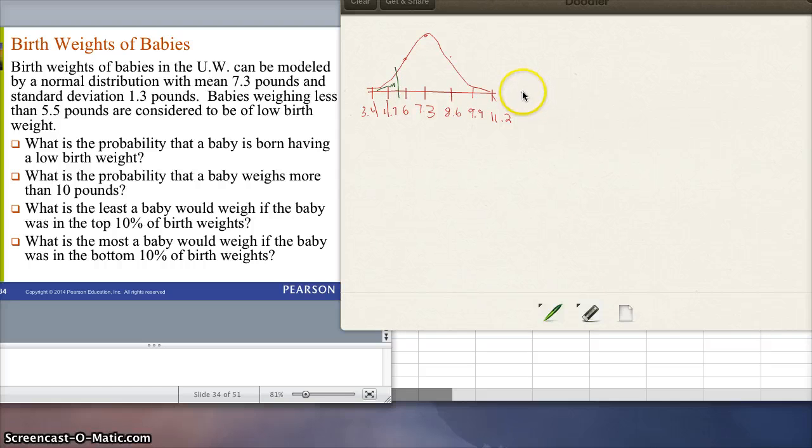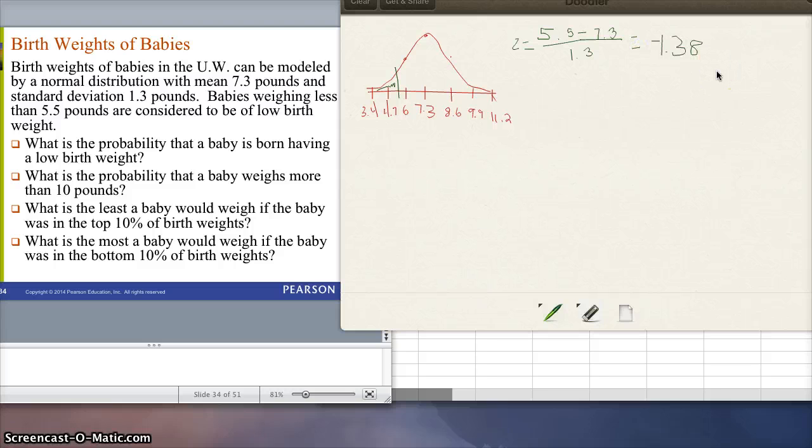We drew our picture and shaded our region, so the next step is to calculate our z-score. z equals 5.5 minus the mean, which is 7.3, and then we divide that by the standard deviation, which is 1.3. Use your calculator, and we get negative 1.38.